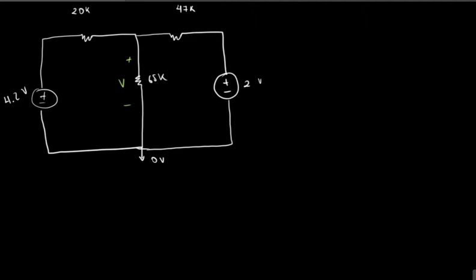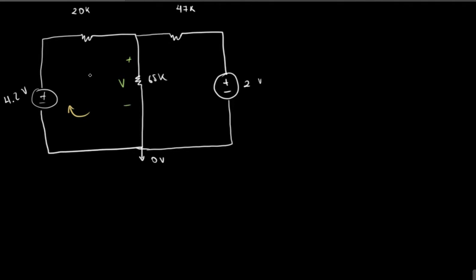My next step is to assign an orientation to the mesh. So we have two meshes in this example. The first mesh, the orientation is arbitrary. For example, I'm going to pick clockwise. If I pick clockwise for one mesh, I must adhere to the same orientation as any other meshes that I have.